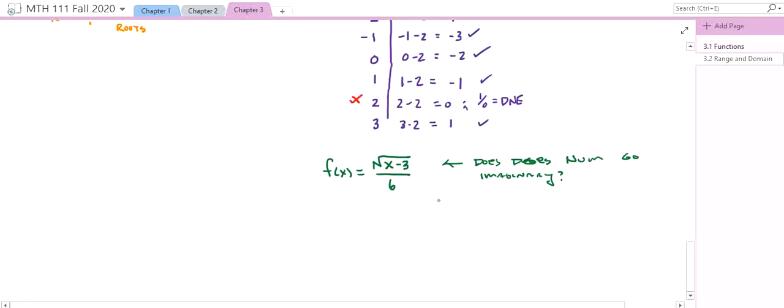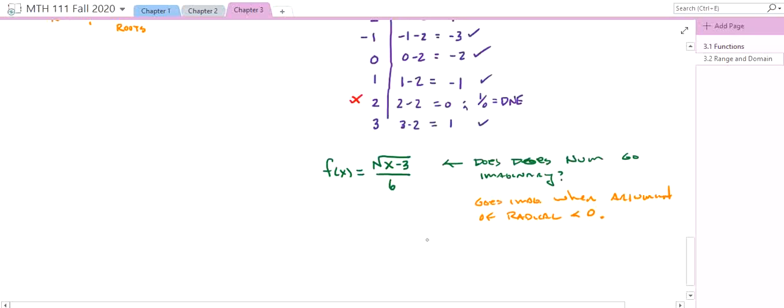When does it go imaginary? It goes imaginary when the argument of the radical is less than 0. Not equal to 0. We're allowed to be equal to 0, but it's less than 0. So let's figure out where that happens.